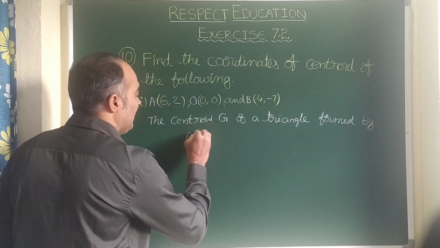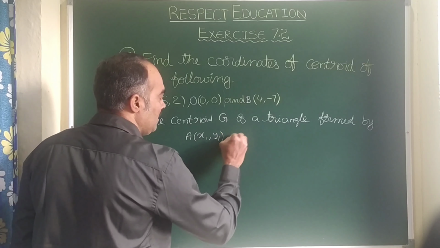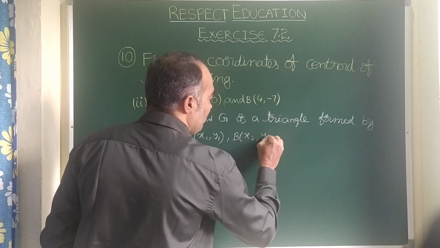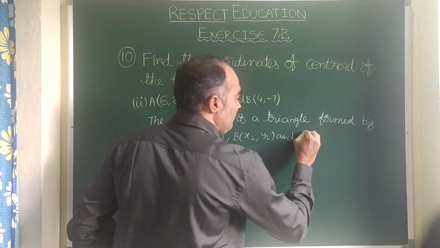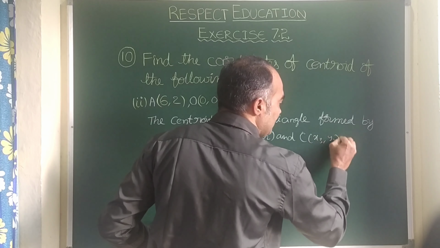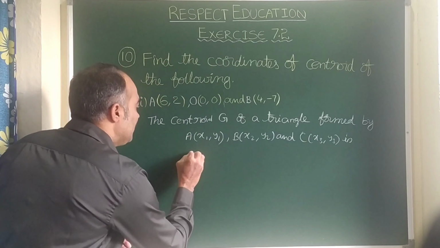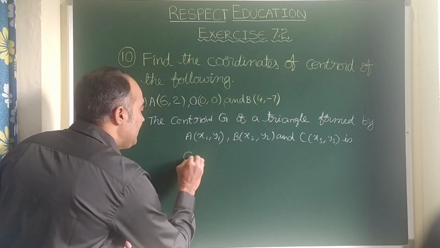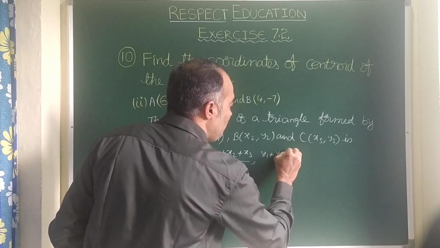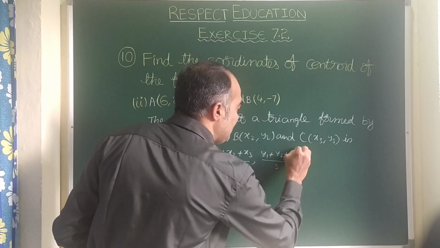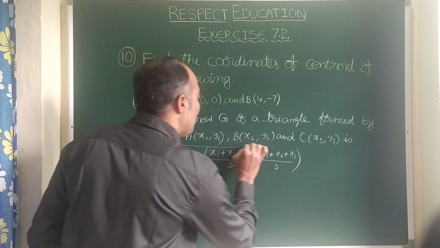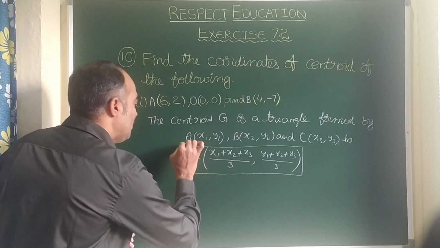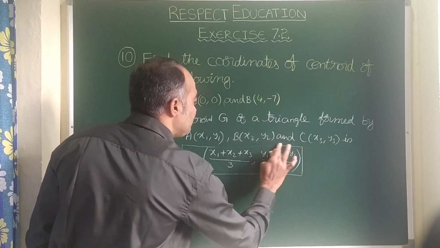Triangle formed by A (x1, y1), B (x2, y2) and C (x3, y3) is G equal to, we have the centroid formula, that is (x1 plus x2 plus x3) by 3 comma (y1 plus y2 plus y3) by 3. Based on this formula we are going to find the centroid of the present problem, right?